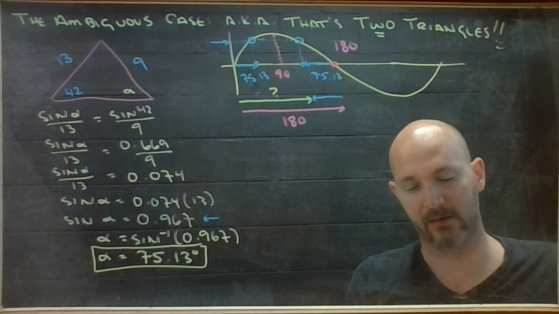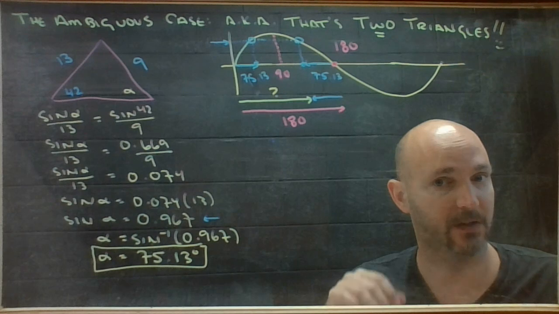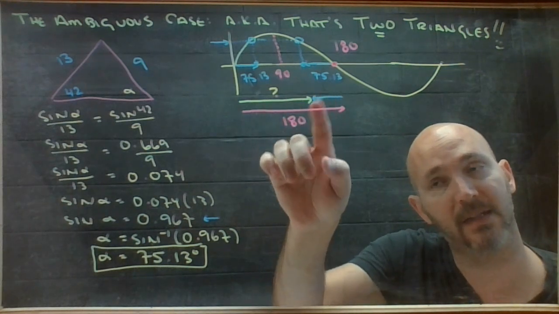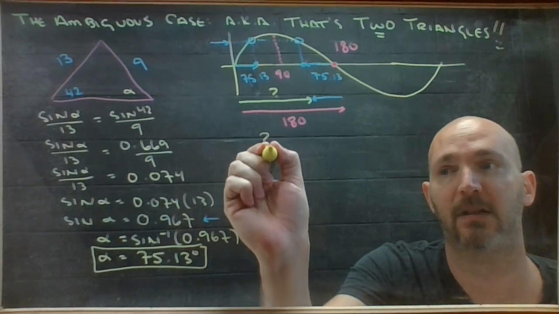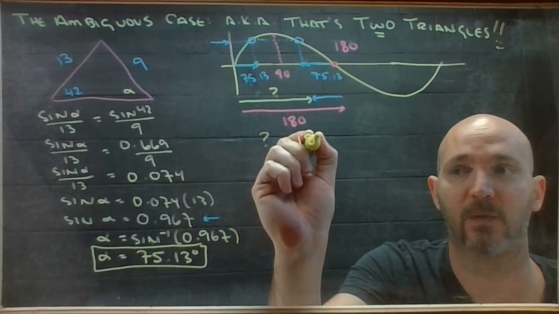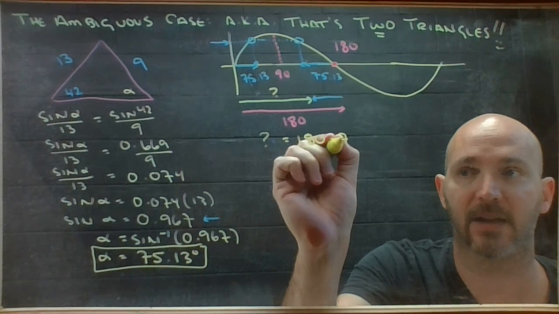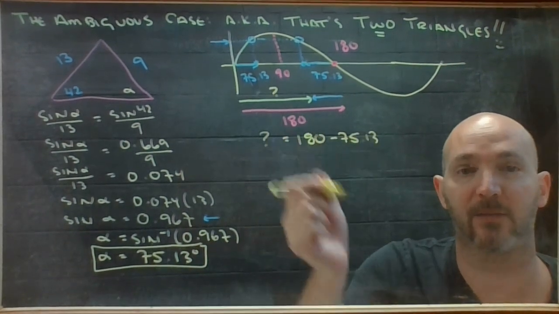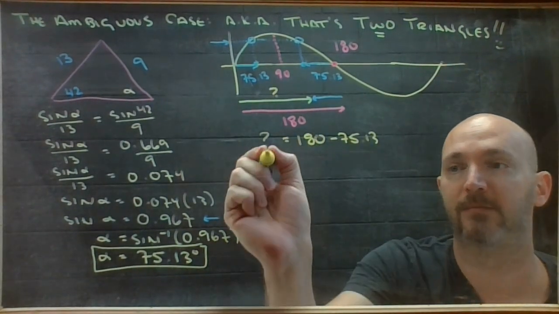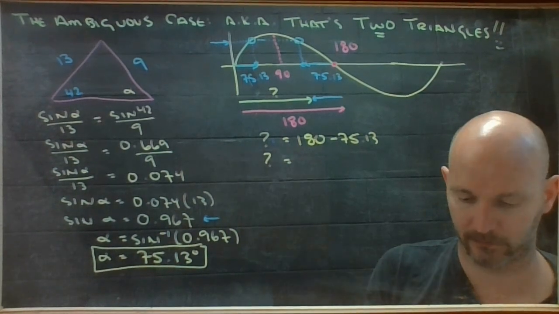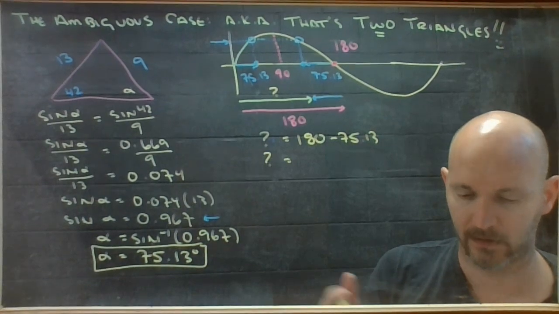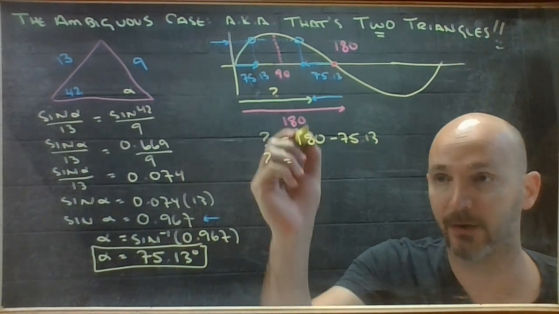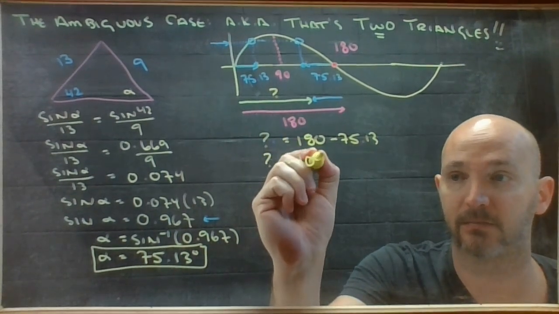So if you just use a little logic, if this piece and this piece have to add to 180, then this piece here is whatever's left over once I take 75.13 out of 180. Try that. And I end up with 104.87.